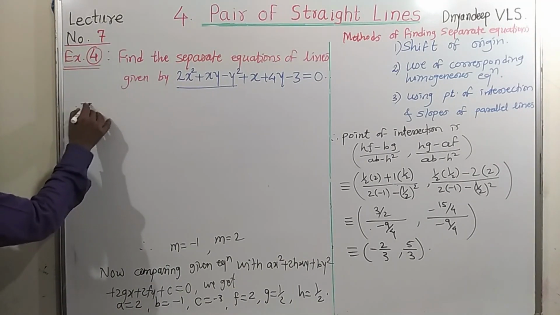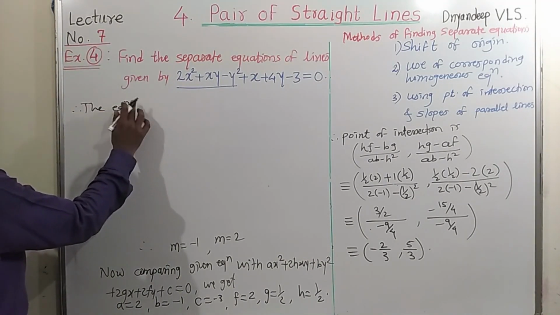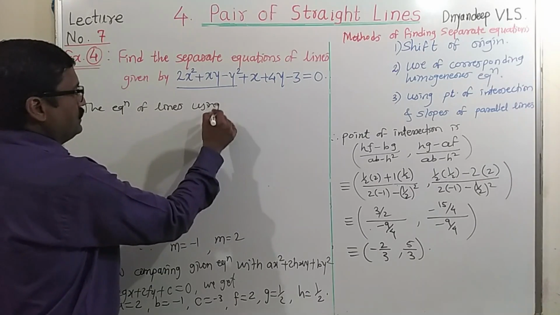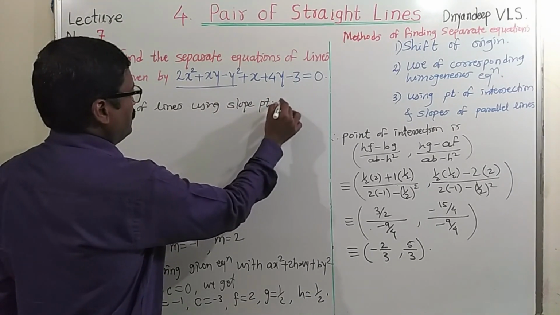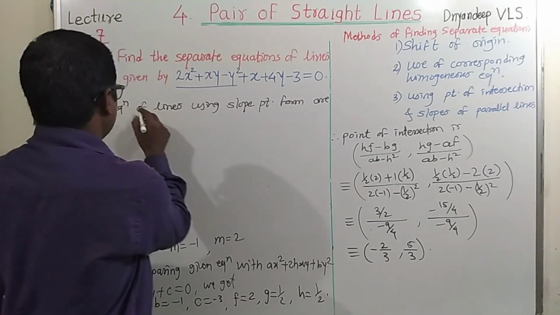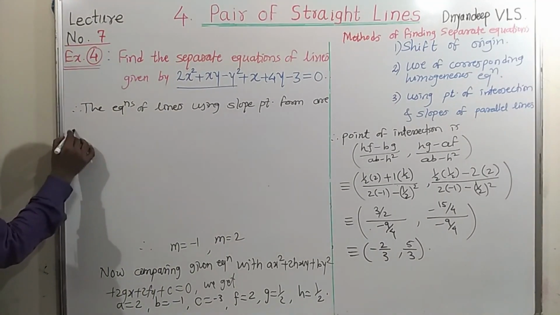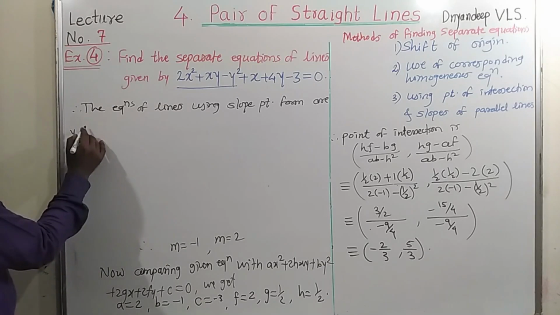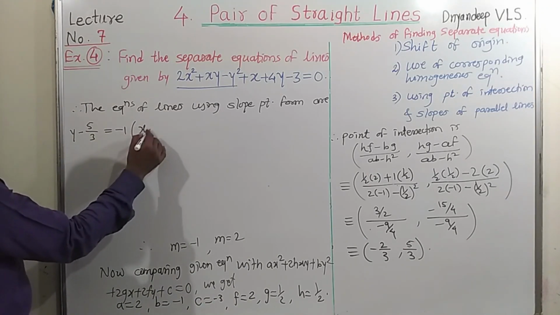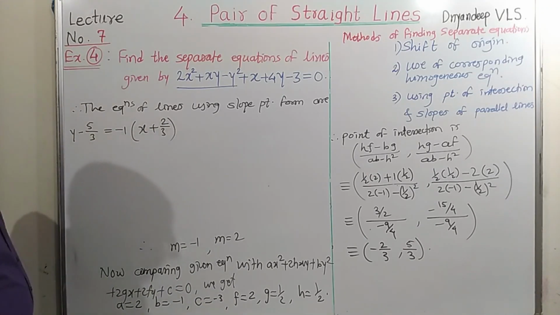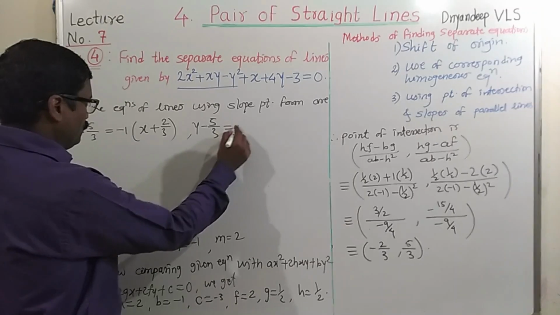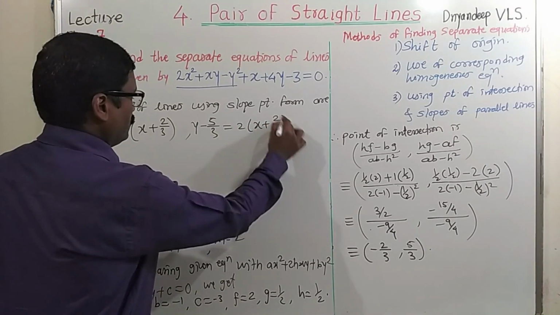Therefore, the equations of lines using slope point form are y minus y1, point is that is 5/3, equal to slope, first slope is minus 1 into x minus x1, that is this, and the second line is y minus 5/3, second slope is 2 into x plus 2/3.